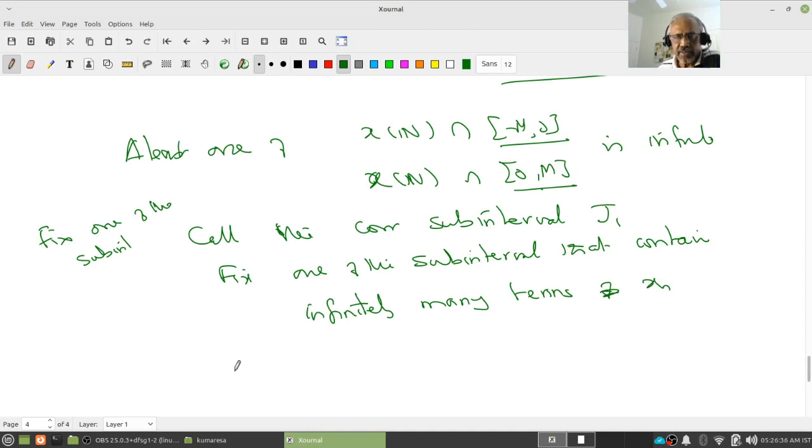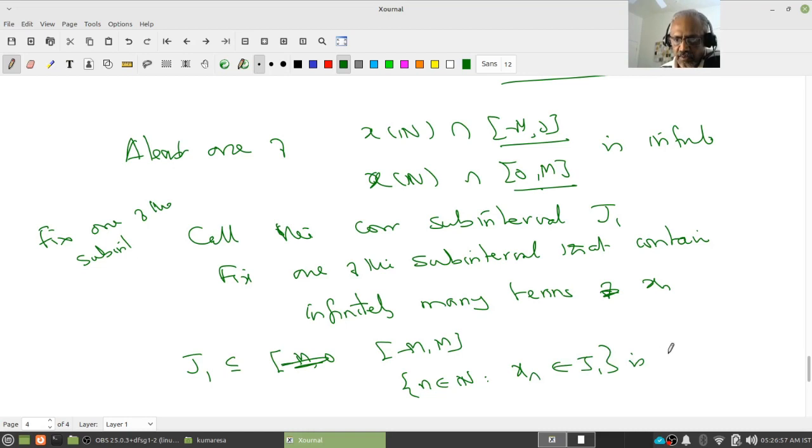So what is my J1? J1 is going to be a subset of minus m to plus m. This is a subinterval. Okay, and with what property? Okay, that is, the set of n in N such that xn belongs to J1. This is an infinite set.